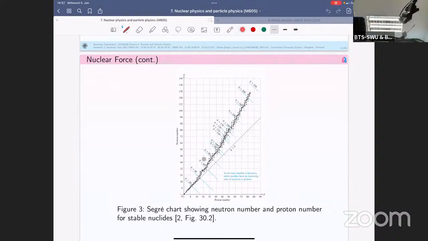What they found is that when Z is 20, 40, 60, and 80, the curve is above the dash line. The nucleus needs more neutrons to attract several particles to stay together inside the nucleus.